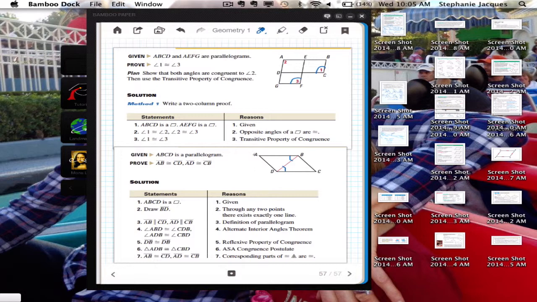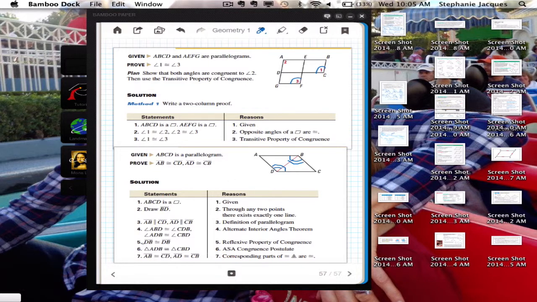And also ADB, so this one I'm going to do double on that one, is congruent to CBD, this one. And the reason I know that is I drew that diagonal, I have 2 parallel lines. So that's the alternate interior angles theorem, that the alternate angles are equal to one another.